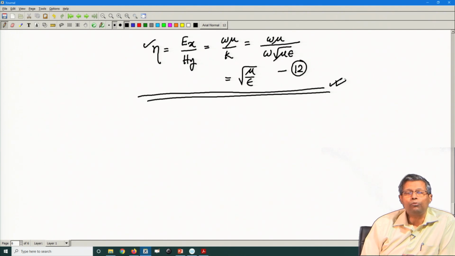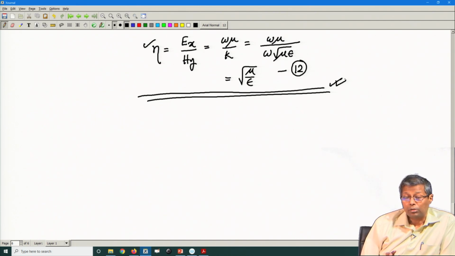So, in hybrid guided structures, where both the electric and magnetic field along the z direction exist simultaneously, the concept of wave impedance or characteristic impedance totally vanishes.